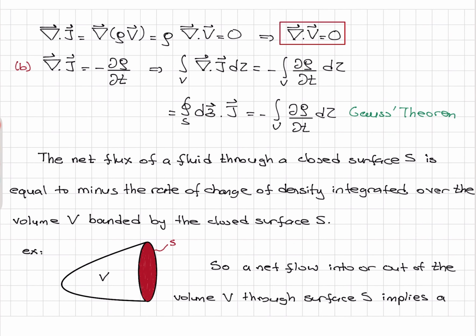In part B, if I take the volume integral divergence of J d tau, this gives me minus volume integral del rho del T d tau. That's Gauss theorem.